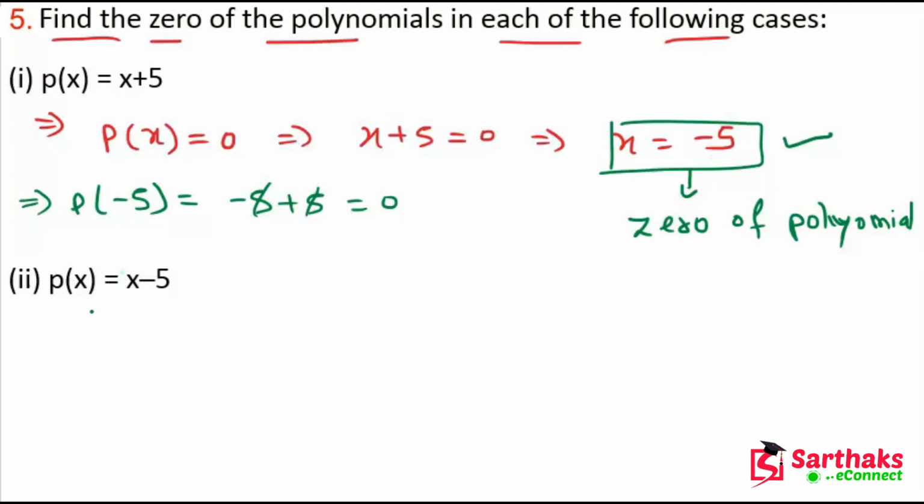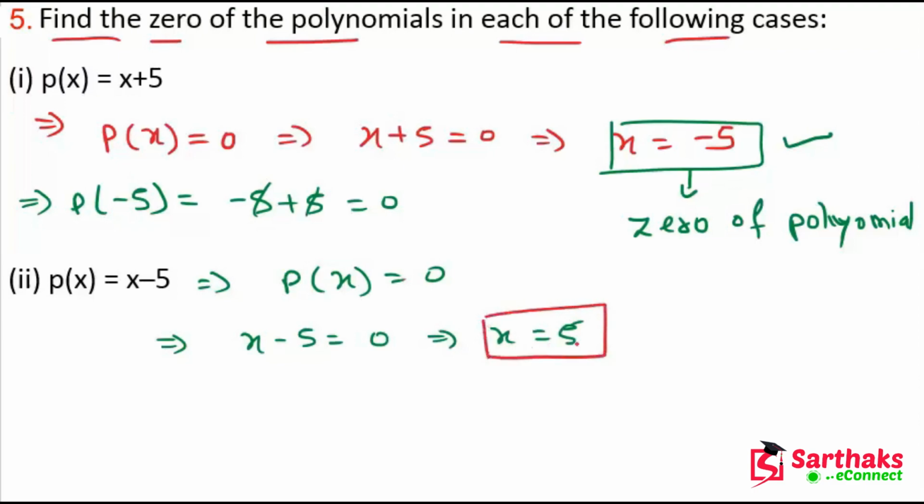Yes. Now further we have to put p of x equals 0. So we get, my dear friends, x minus 5 equals 0. So we get x equals 5. So this is the same, zero of the polynomial.